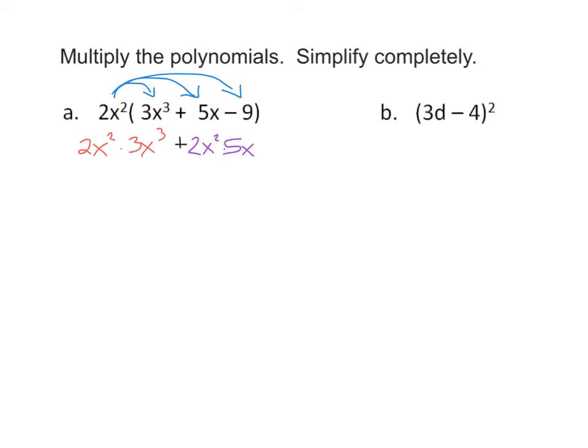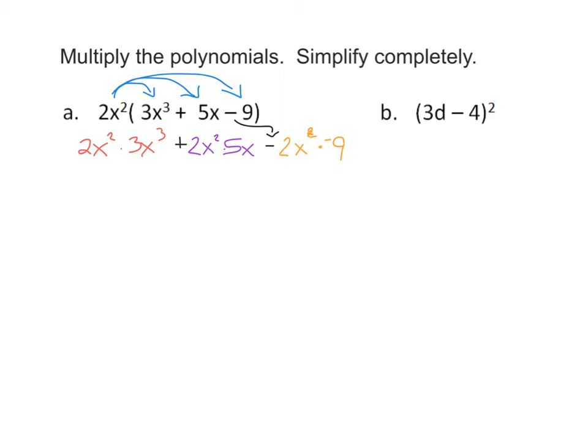And then this minus sign comes right here, and then we're going to multiply our 2x squared times negative 9. So 2x squared times negative 9.